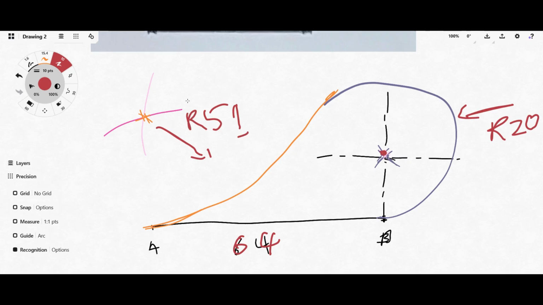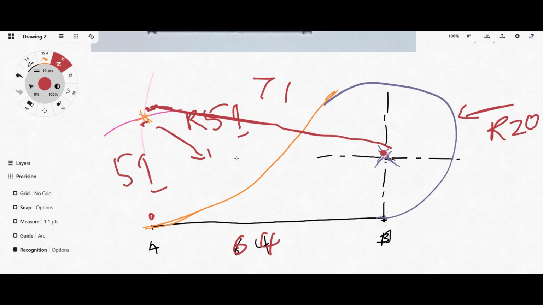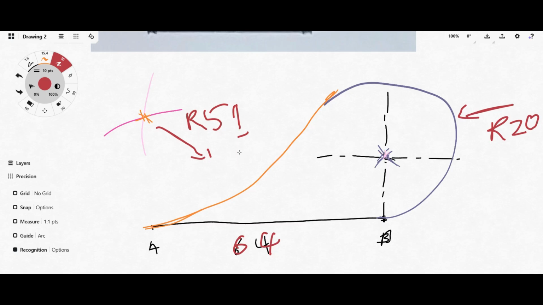But the distance from here to here is 71 millimeters, and from here to here is 51 millimeters. So that gives you that arc, right?